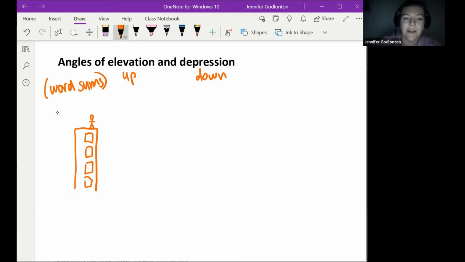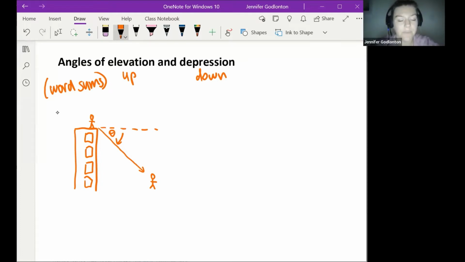If she was looking down at Brad Pitt, who is standing over there, Coco is looking down at Brad Pitt. This angle here from this 90 degrees would be the angle of depression because I'm going down. And this over here would have to be 90 degrees.